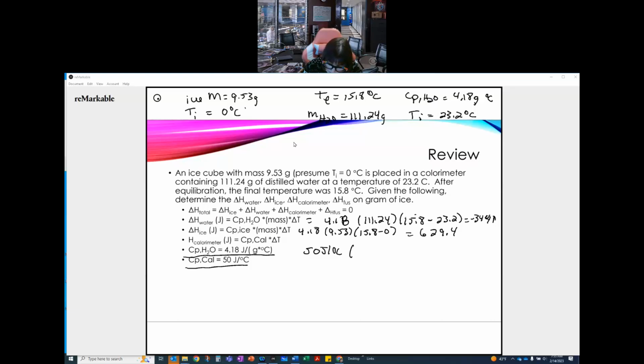And my change in temperature is going to be my final, that 15.8, minus the initial, which is going to be the temperature of the water that was in it, so the 23.2. And that's negative 370.